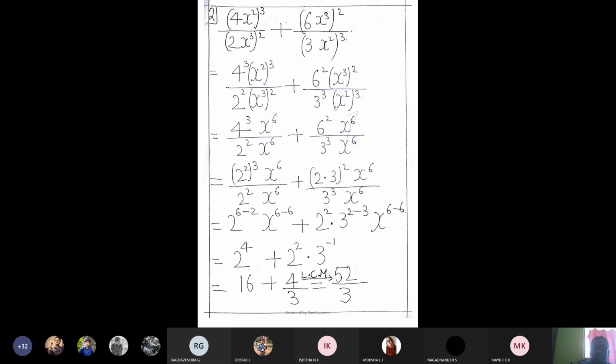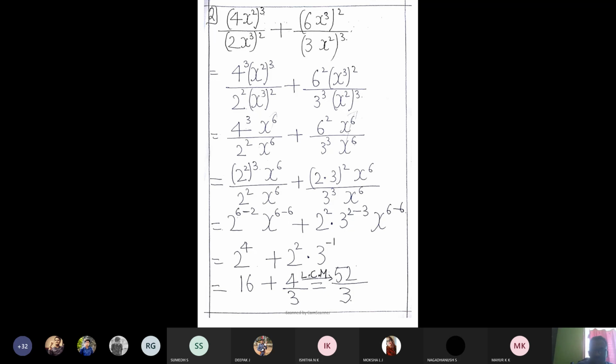Now if you do that, 4 to the power of 3 into (x^2) to the power of 3. Understood? Understood, sir. Now, similarly, (2^2 into x^3) whole raised to the power of 2.